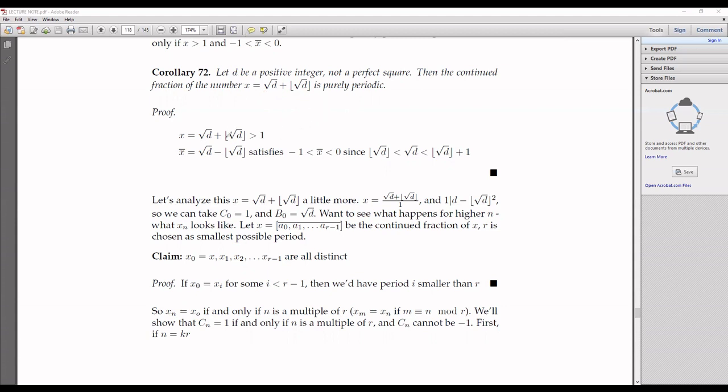The proof is pretty simple. First of all, even if d is the least positive number that is not a perfect square, that is 2, then √2 plus floor of √2 is approximately 2.414, which is greater than 1. So x is greater than 1. You should be able to see what we are doing.